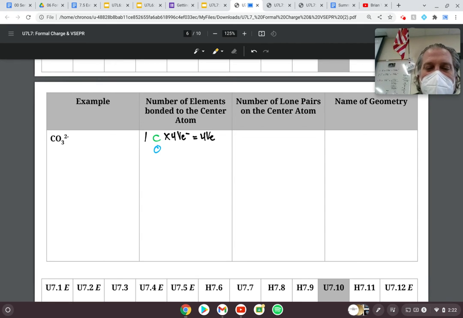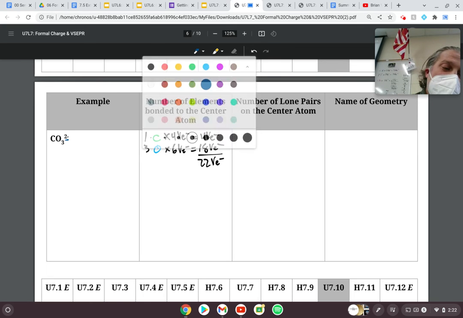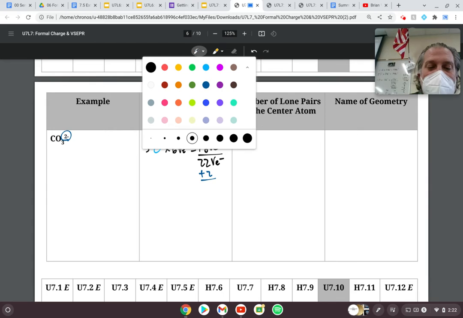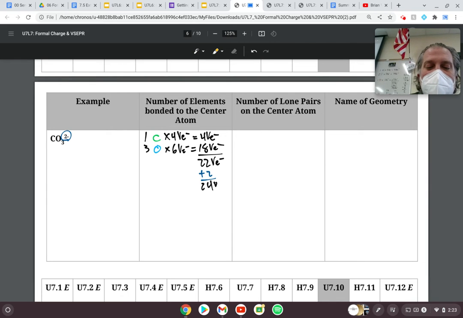So that's my 4 valence electrons. I have 3 oxygen atoms times 6 valence electrons. So that's 18 valence electrons. I believe that adds up to 22 valence electrons, but there's a negative 2 over here, so that means I have to add 2. So I end up with 24 valence electrons that we need to find a home for.